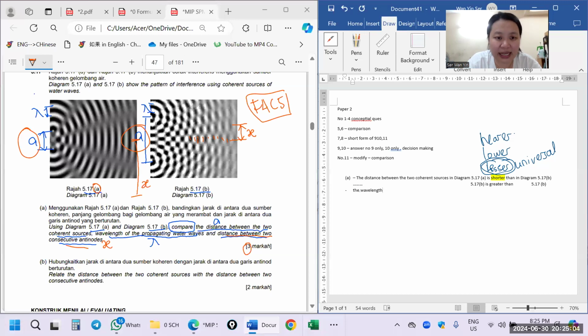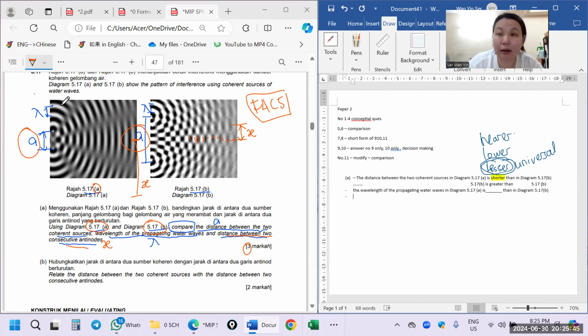The wavelength of the propagating water waves in diagram 5.17A is blah blah, then in diagram 5.17B.